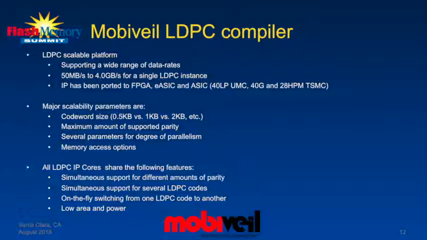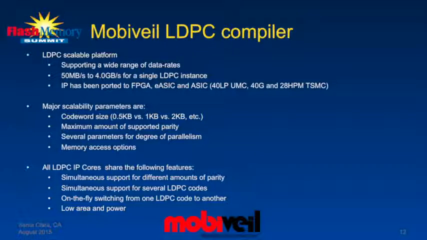We take care of the major scalability parameters for code word size and the like. And of course, there's a fair amount of parallelism, and based upon power and your needs of performance and parallelism, we can change that.